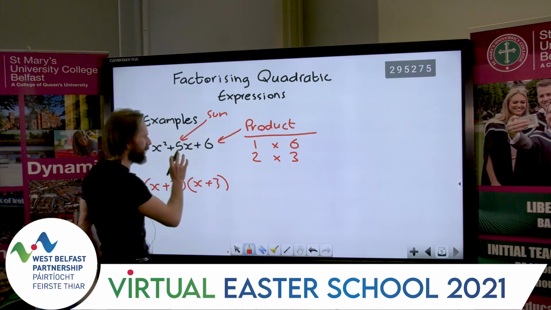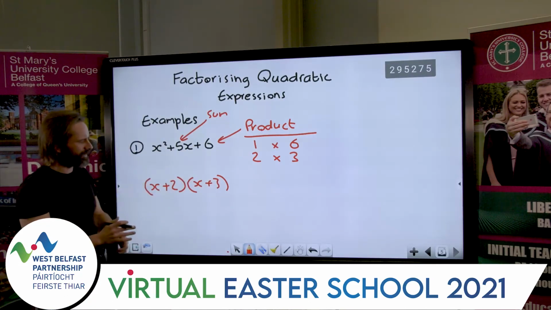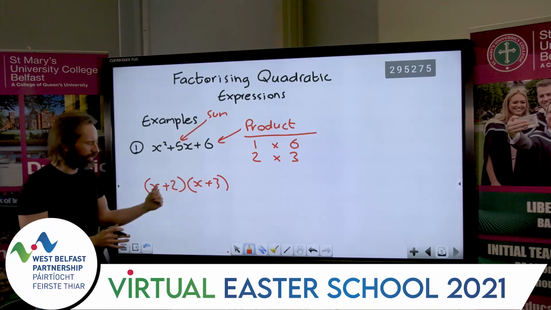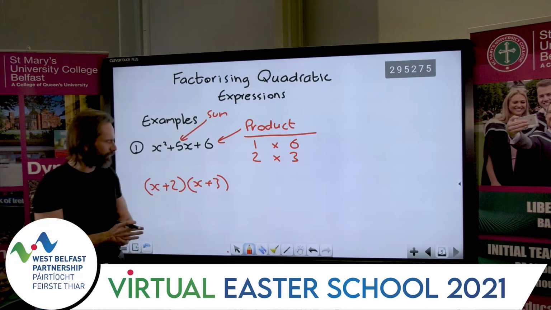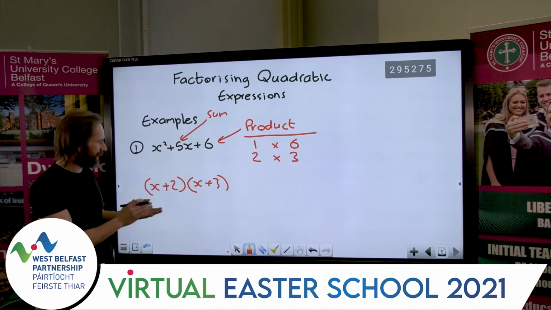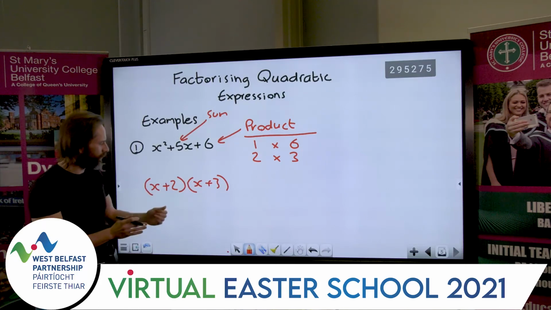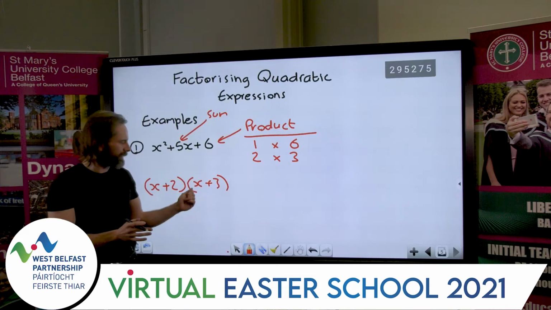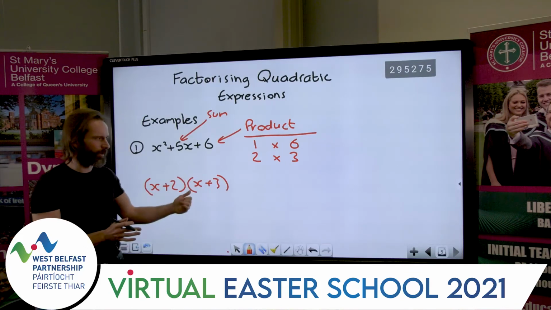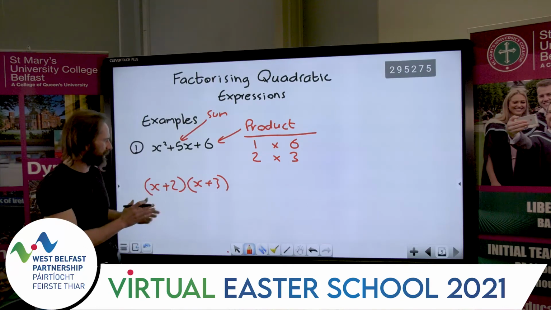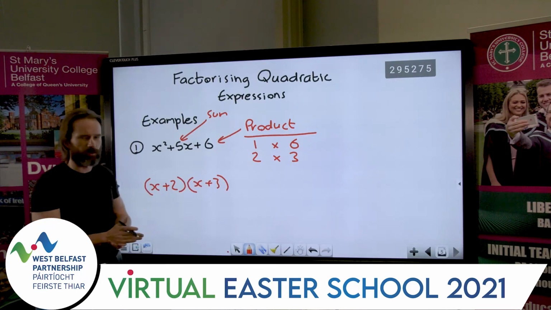And again, when everything's positive in the original expression like this, we don't have to worry about signs. We know it's a positive going into both brackets. And that's our answer as it is. Also, just to point out, it wouldn't matter if you'd written, in this case, x plus 3 and x plus 2 and got the brackets the other way about. This is probably the most simple example you'd be dealing with.